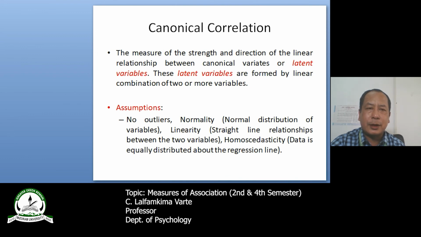Finally, let us move on to the canonical correlation. Canonical correlation is the measure of the strength and direction of the linear relationship between two canonical variates that are usually referred to as latent variables. These latent variables are formed by linear combinations of two or more variables.